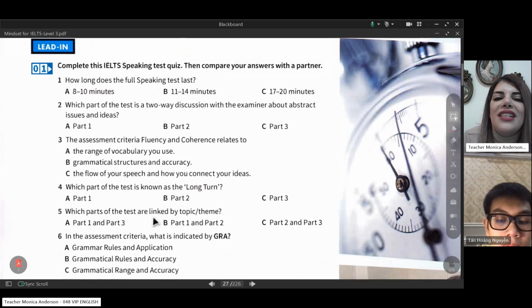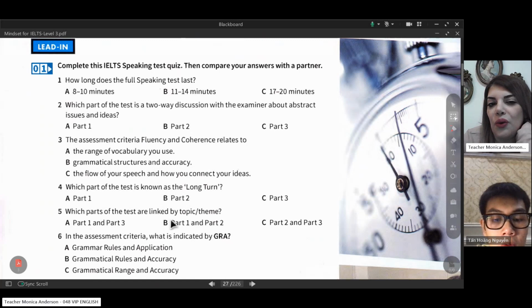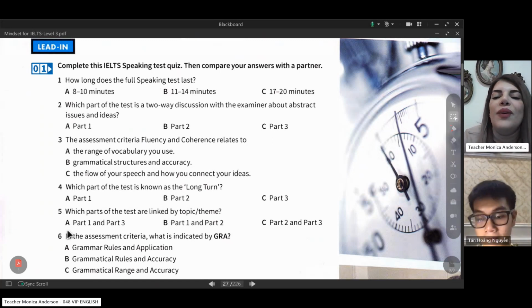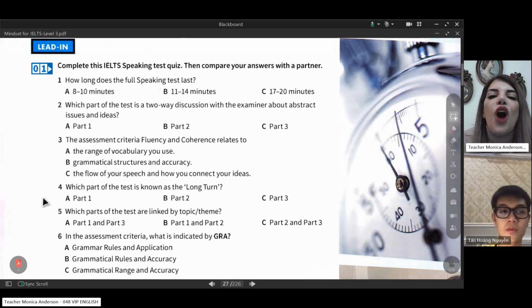And which parts of the test are linked by topic or theme? Part 1 and part 2. Okay, you say part 1 and part 2, but when we say theme or topic, part 2 is okay.